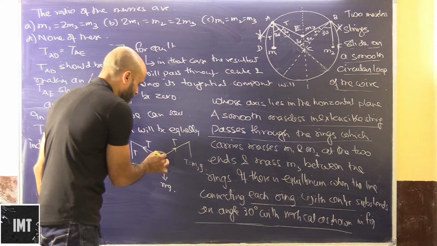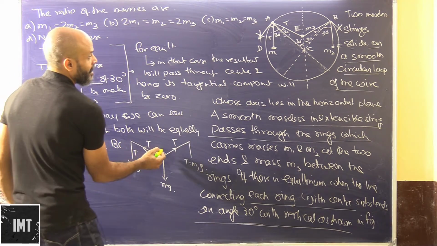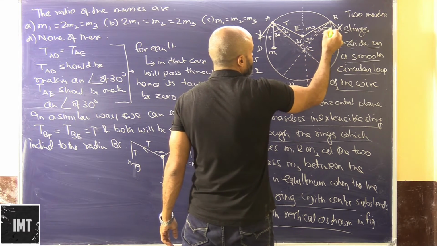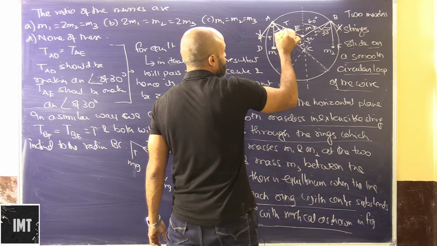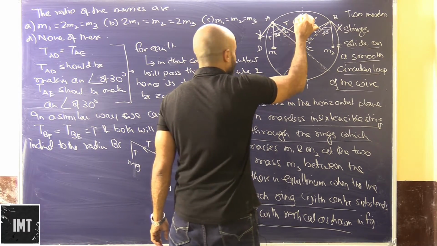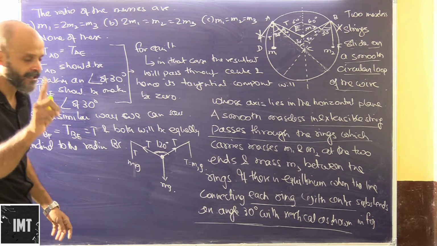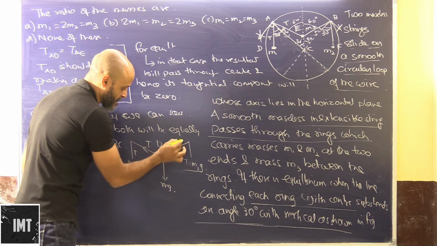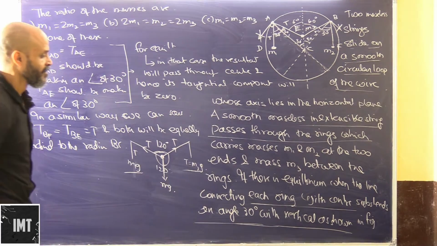Obviously what will happen in this portion, since it is 30 degrees, look at this angle very closely. This is 60, so being alternate angles, this will be 60. Again, this is 60, being alternate angles. So between these two T's, we have an angle of 120 degrees, and this will balance only if this is also 120 degrees.